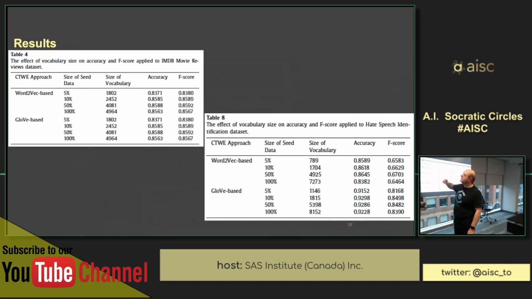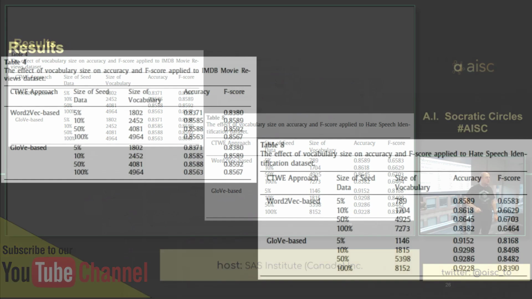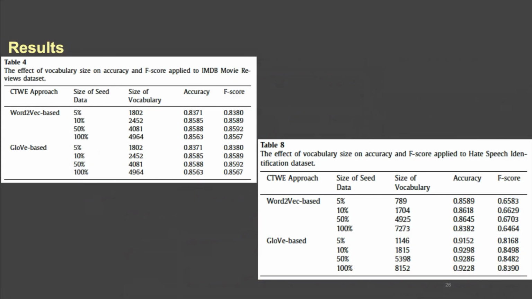The other parameter was the size of the seed data. For scalability, we are not using all of the training data set. We use 5%, 10%, 50%, and we compare the results based on the size of vocabulary. It means that we created the context tree with only 50% of the training data, and then used those updated word vectors in the model.